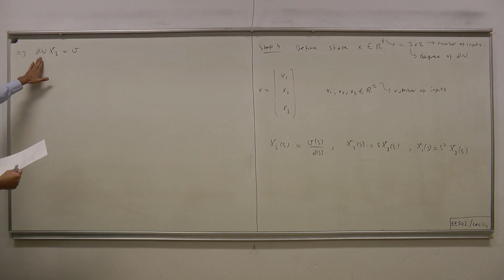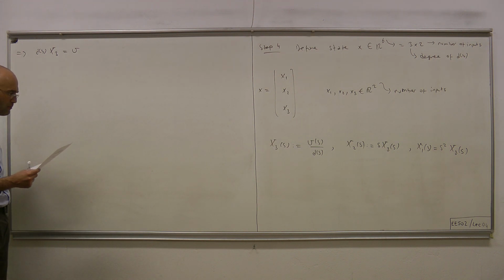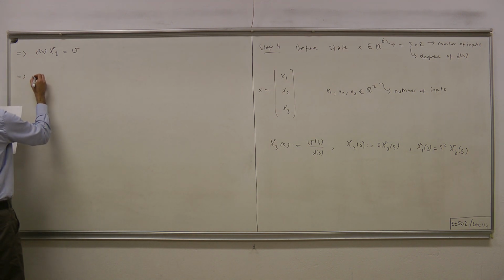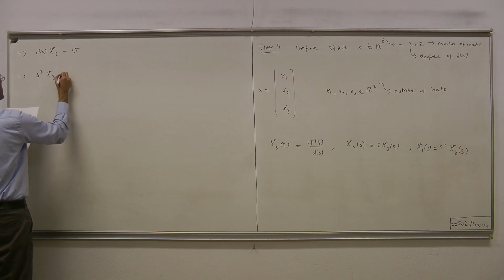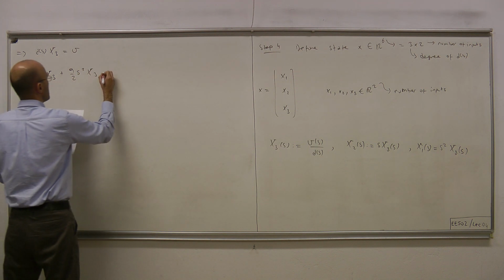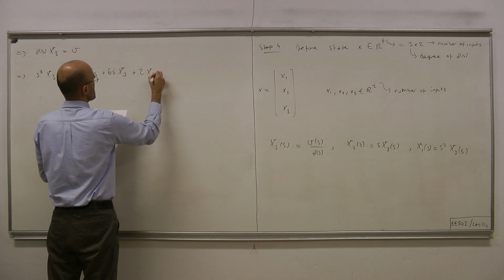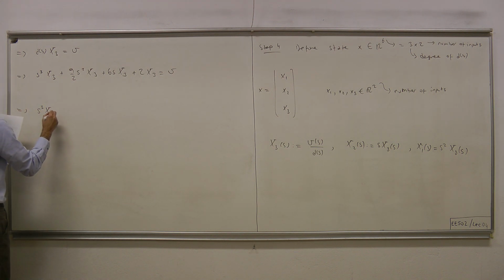So our common polynomial multiplying the Laplace transform of x3 equals the Laplace transform of the input. So let's remember our common polynomial in its open form. And that yields s cubed x3 plus 9 over 2 s squared x3 plus 6s x3 plus 2x3 equals the input.